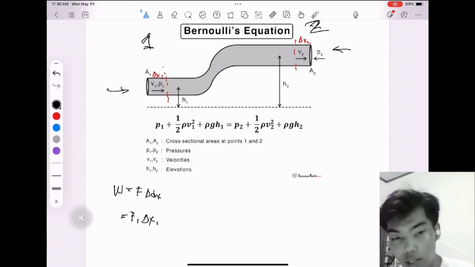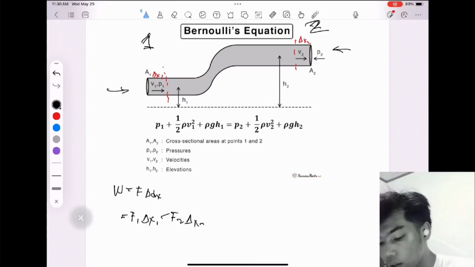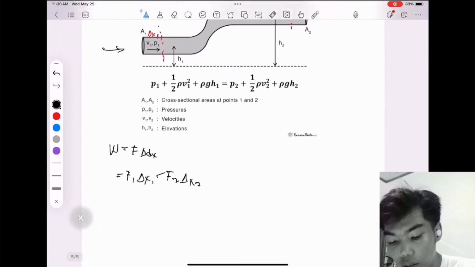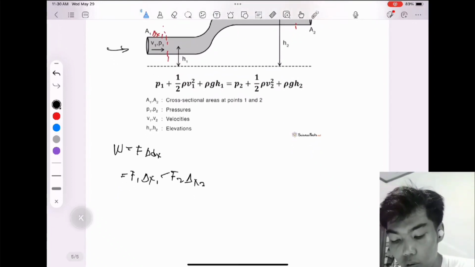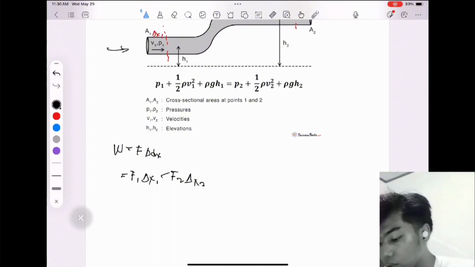Ngayon, maalala natin ang relationship ng force sa pressure. Sulat natin yon: pressure is equal to force over area, meaning makukuha natin yung force by multiplying area and the pressure.